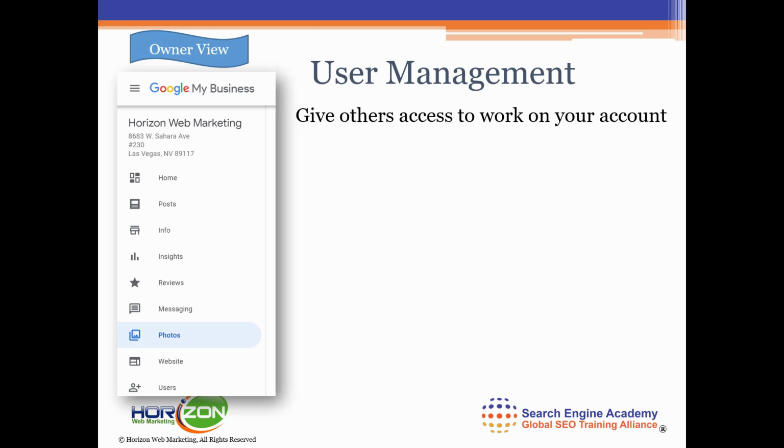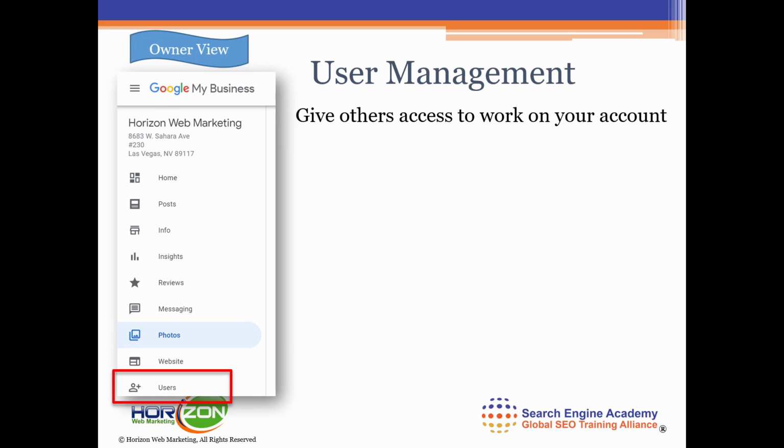One of the most important things with regard to Google My Business is the ability to give others access to work on your account. It's really hard for all of us to do everything. We need to take a team approach, including a team approach to managing our business.